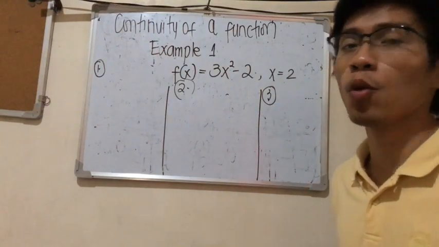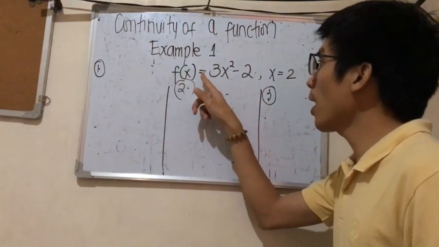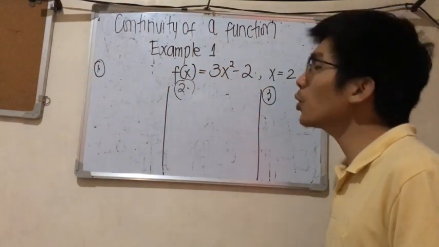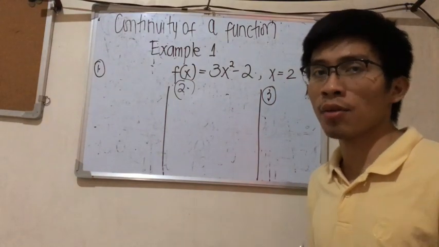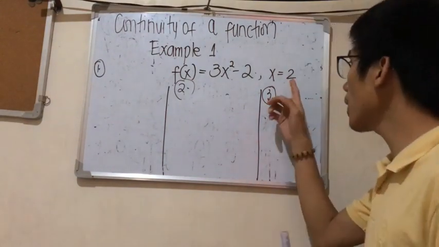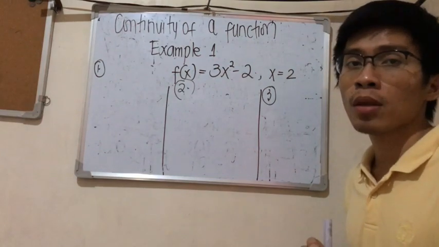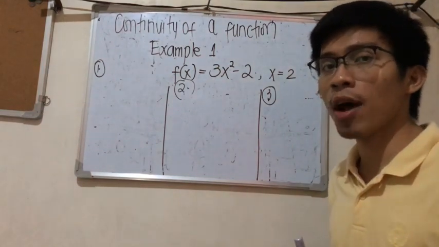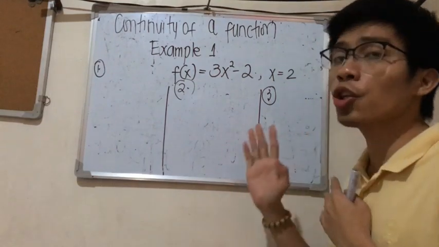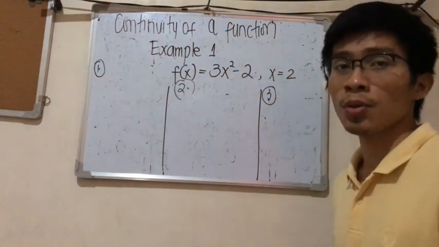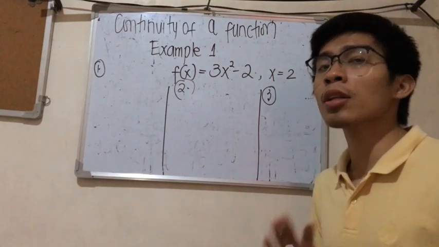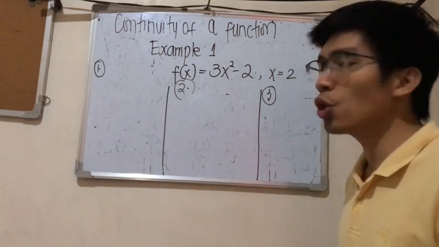For example number 1, I have here the function 3x squared minus 2, and let's try to identify if the function is continuous at x is equal to 2. How are we going to identify if this is continuous at x is equal to 2? Let's use the 3 conditions that I presented to you.